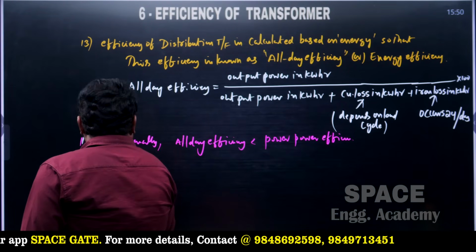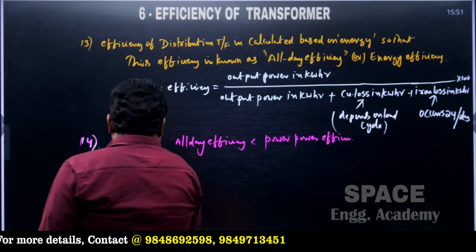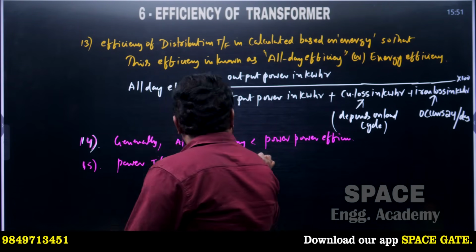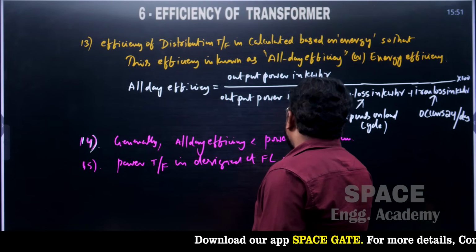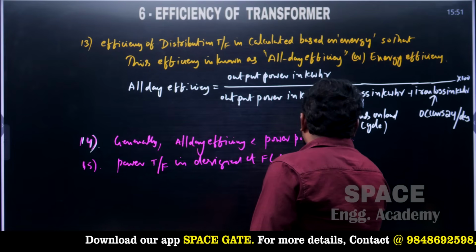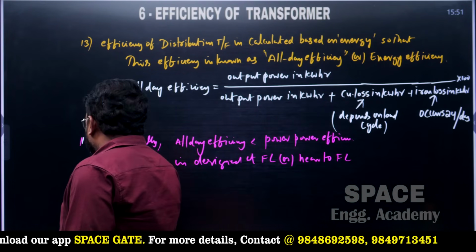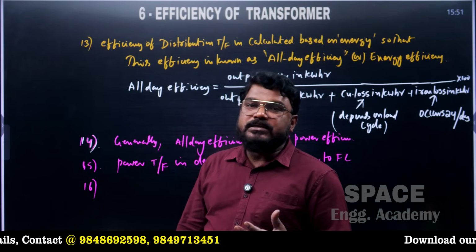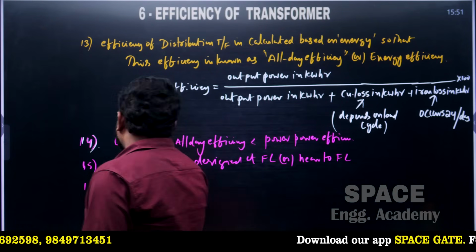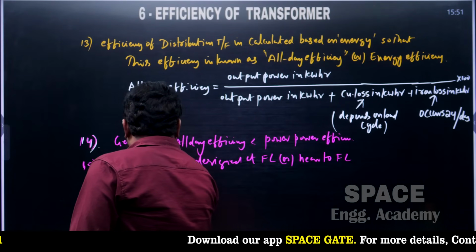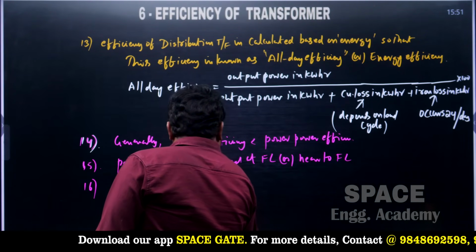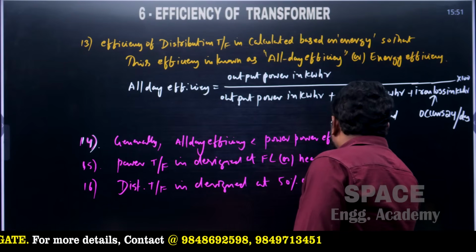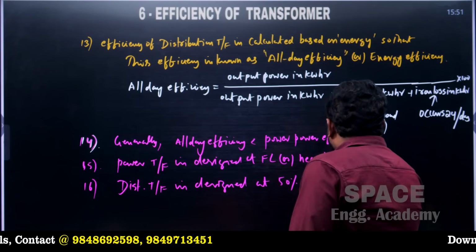Whereas the distribution transformer is designed at 50% of the full load in previous days, and nowadays at 70% of the full load condition.